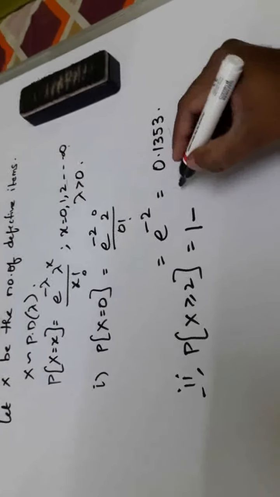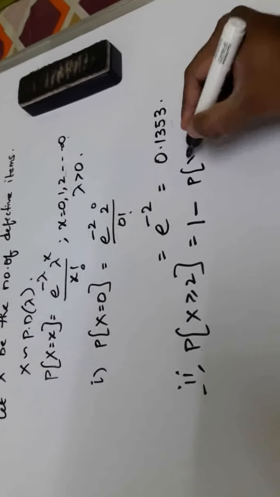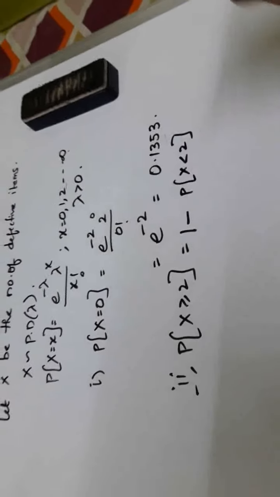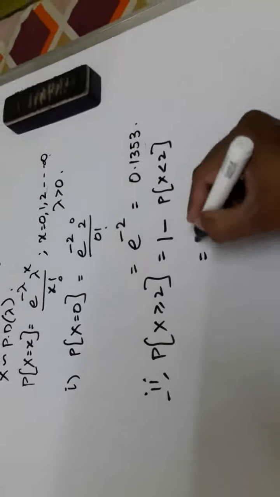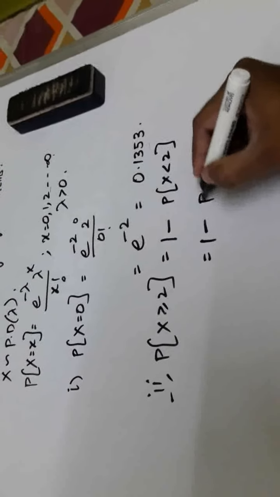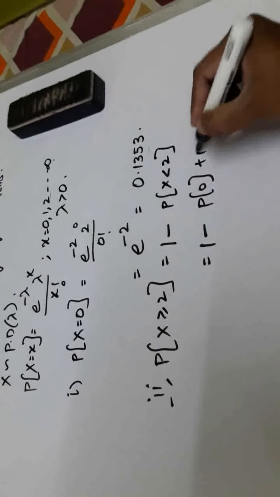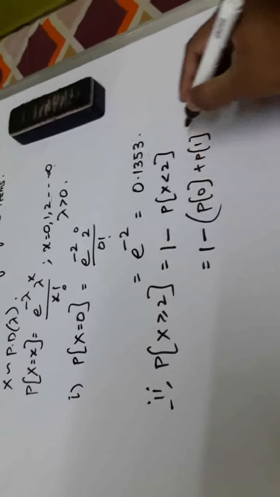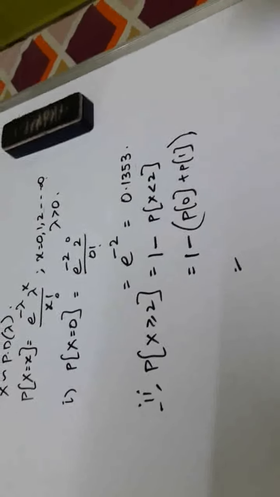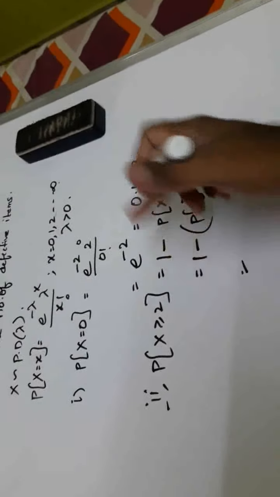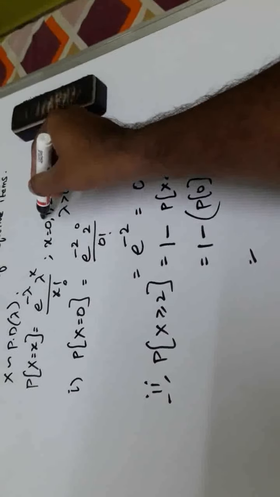P of x greater than or equal to 2 can be written as 1 minus P of x less than 2. That means P of less than 2 means P of 0 plus P of 1. Less than 2, they are 0 and 1. Here you can see less than 2 means these 2 terms, 0 and 1.